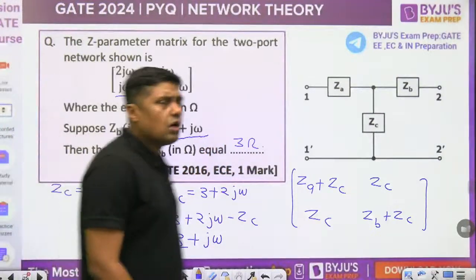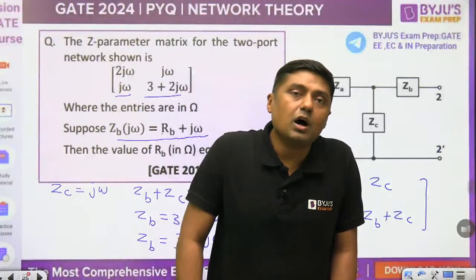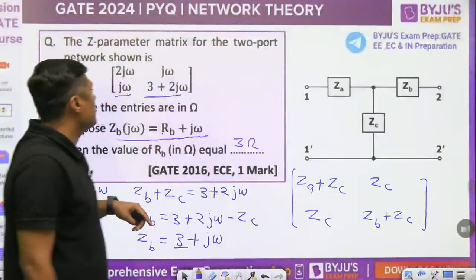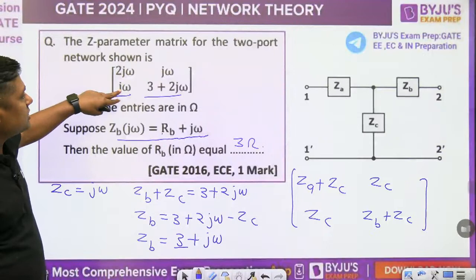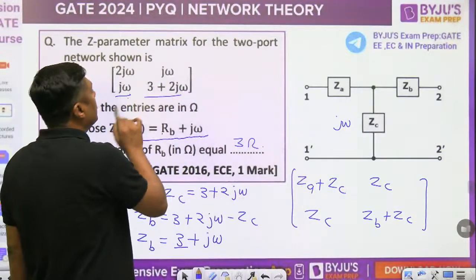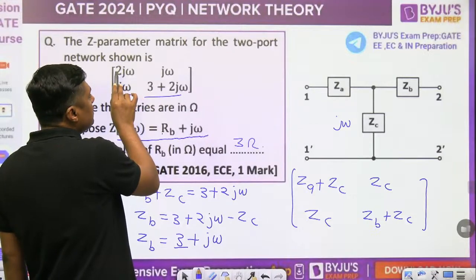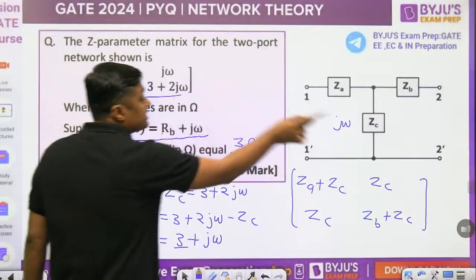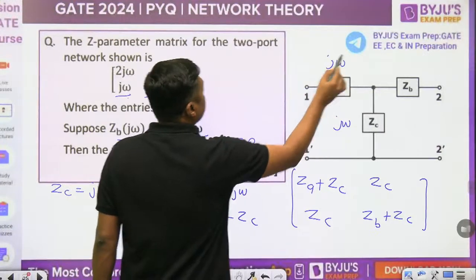So again it is a 1 mark question. You can directly put the values here on the diagram. This is the 2J omega, this is the J omega, J omega. This is nothing but ZA plus ZC, so this will become 2J omega.